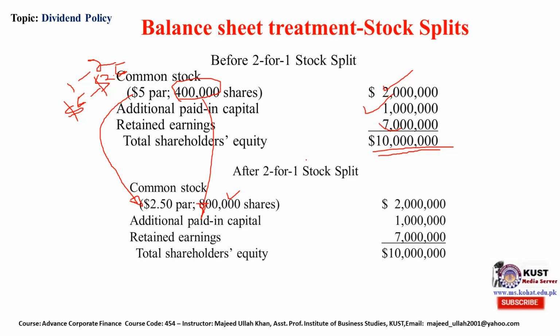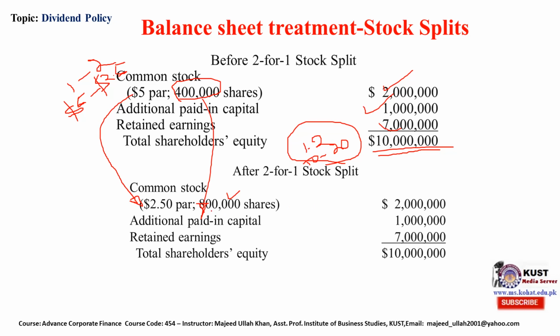Means if any person has, let's suppose, 1 share, he would have 2 shares. If he had 10 shares, now he will hold 20 shares. So a stock split is nothing but increasing the number of shares outstanding and decreasing the par value.